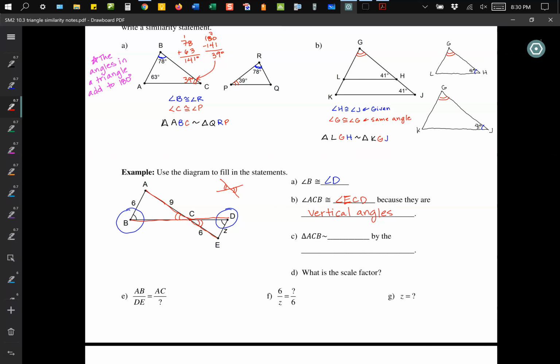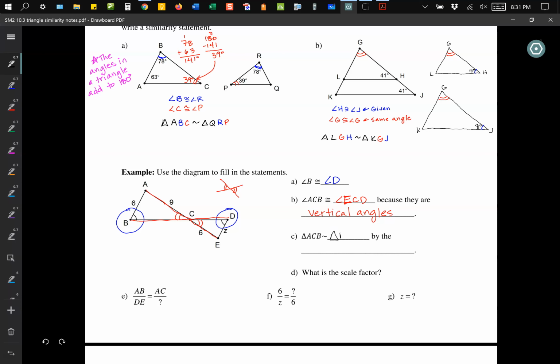So now it wants me to write a similarity statement here. Triangle ACB. So that goes from the unmarked angle to the one with 2 marks to the one with 1 mark. So that would be similar to triangle.